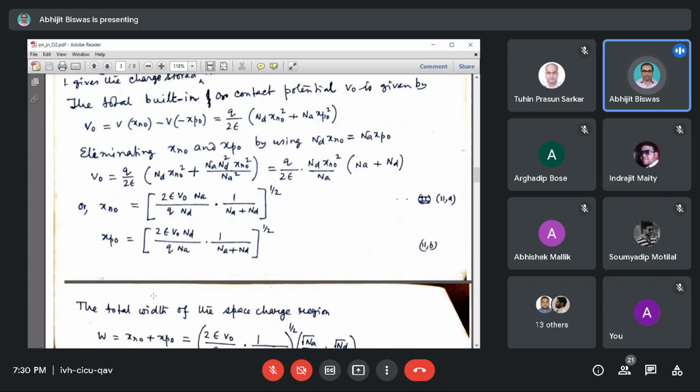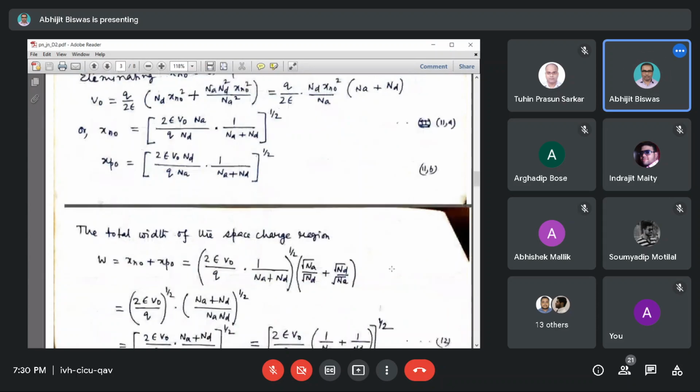So individually, you can also calculate the extent of the depletion region in the p-type region as well as in the n-type region. And these expressions are given in equations 11a and 11b. I'll send you these notes so that you need not worry. You can also calculate this simple mathematics at home and go through these notes.